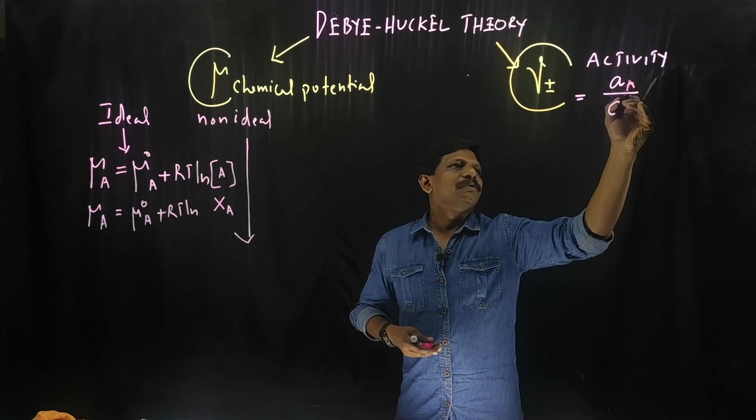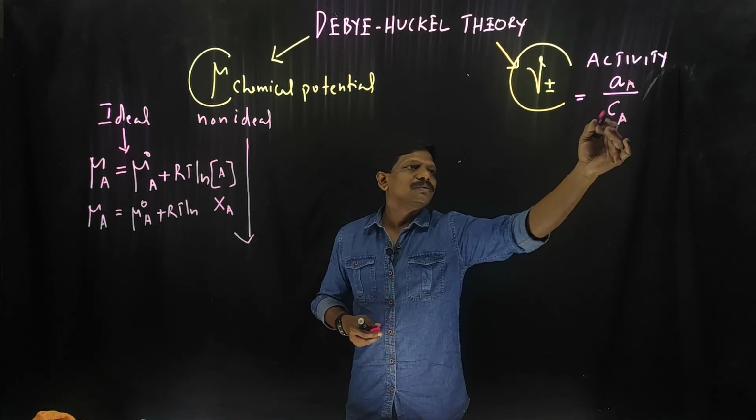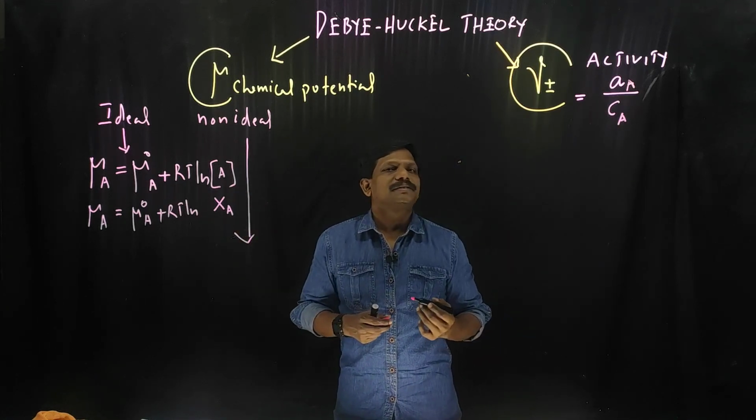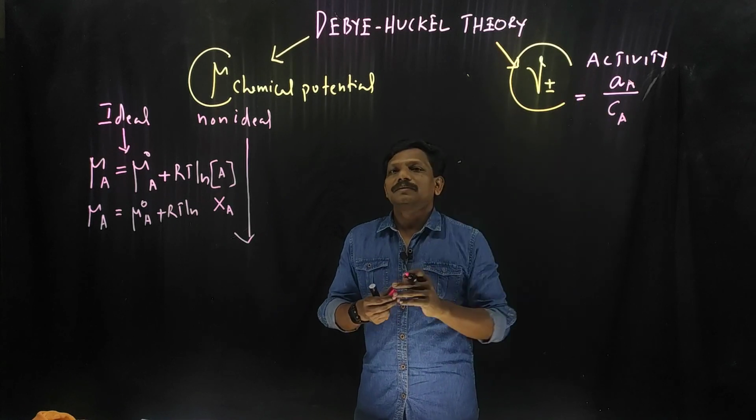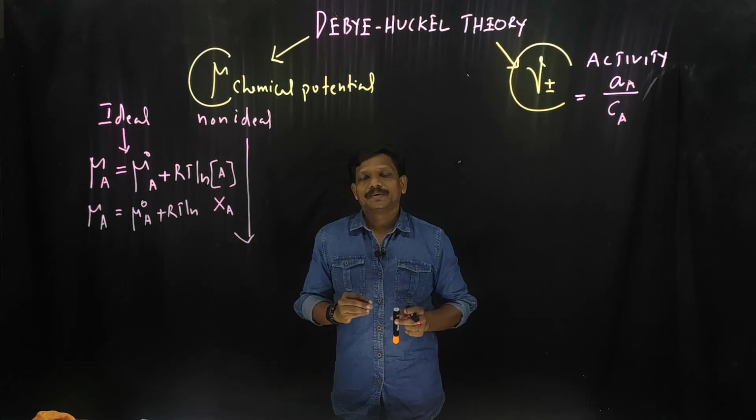Suppose it is for the species A, you can write aA by cA, also written with concentration brackets. This is the case when you are talking about a non-ideal solution.